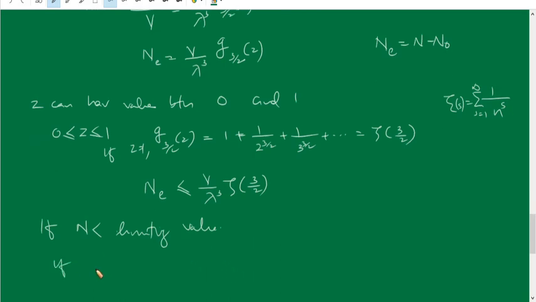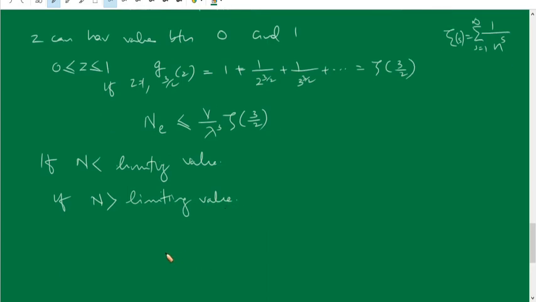If the total number of particles is greater than this upper cutoff, the limiting value of the excited state, that is, if the number of particles exceeds this limiting value, then the excited state will receive as many particles as it can hold.